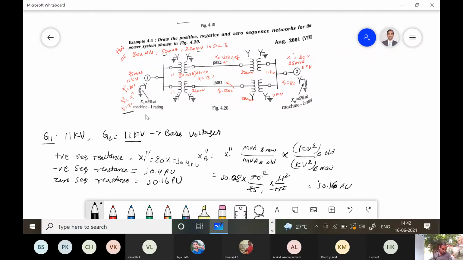This is for the generator; both generators, generator 1 and generator 2, have the same values. We have calculated X1 double dash, X2 double dash and X0 double dash. Is it clear?